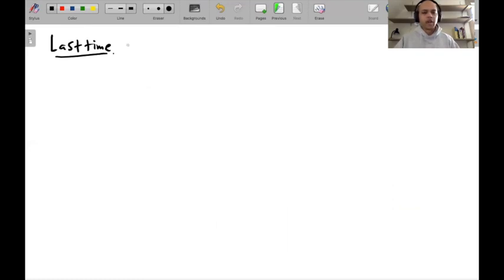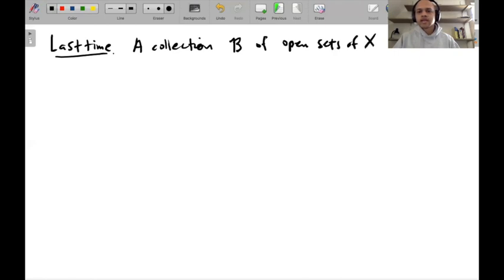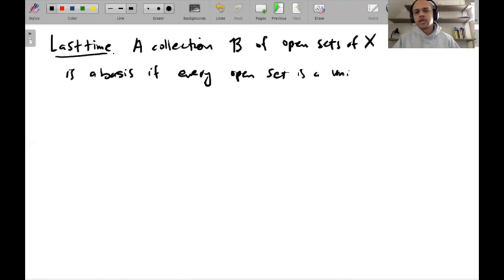So remember last time that we said a collection B of open sets of X is a basis if every open set is a union of elements of B.